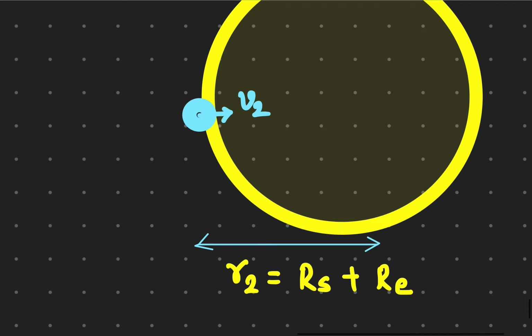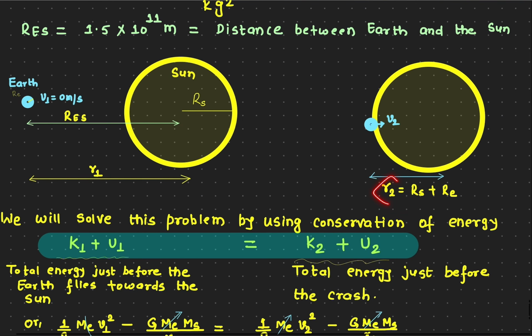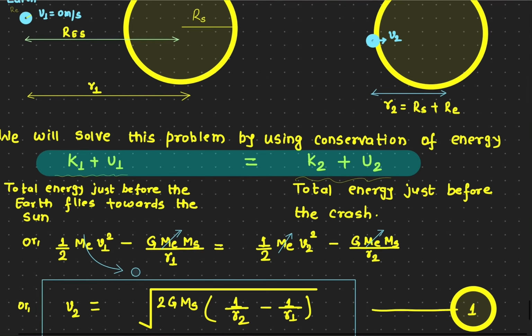If you zoom in here, so this distance plus this distance, when it just touches the sun, the r2 is the RS plus RE. That will be the distance between the earth and the sun when it just touches the sun's surface.